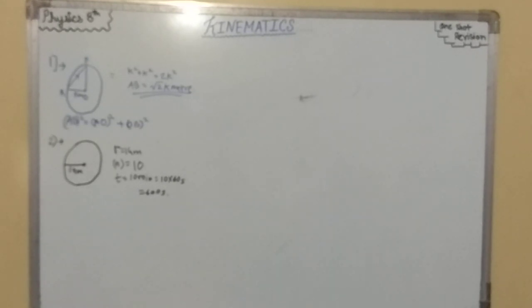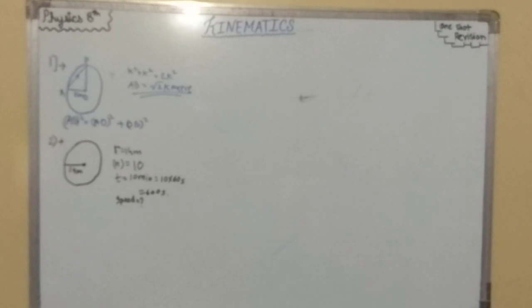Speed we don't know. We have to find speed. We know that speed of the athlete is equal to distance covered upon time taken. So the distance covered by the athlete in circular path is equal to number of times he runs in circular path into circumference of the path.